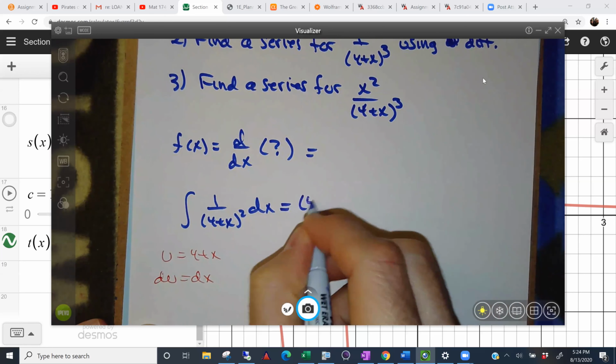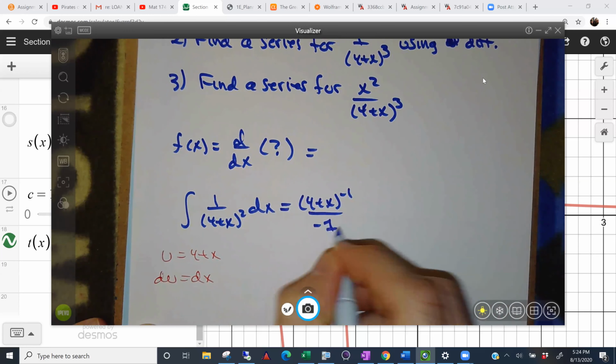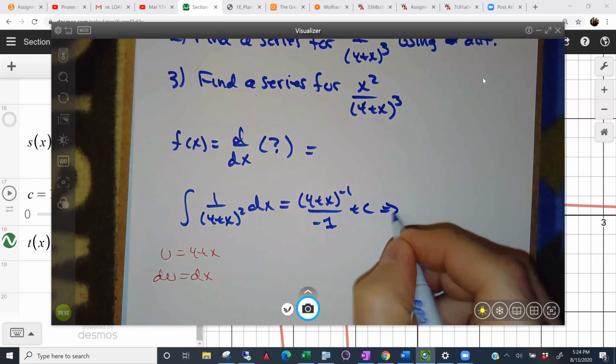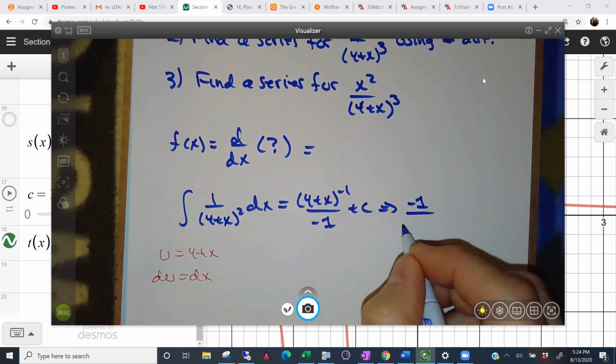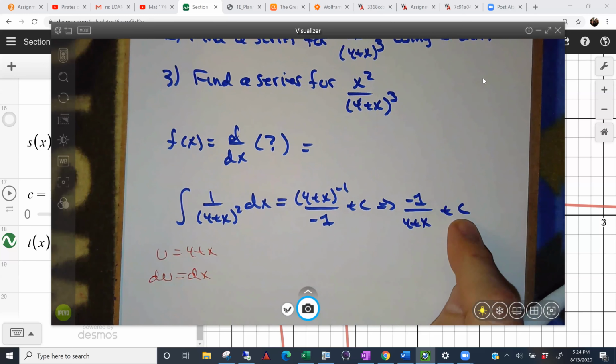Or in this case, 4 plus x to the negative first power divided by negative 1, plus a constant. Let me rewrite that: negative 1 over 4 plus x plus our constant. Because we're going to be differentiating this and the constant is going to go to 0 when we differentiate it, I'm going to leave the constant out. I'm going to set it equal to 0.